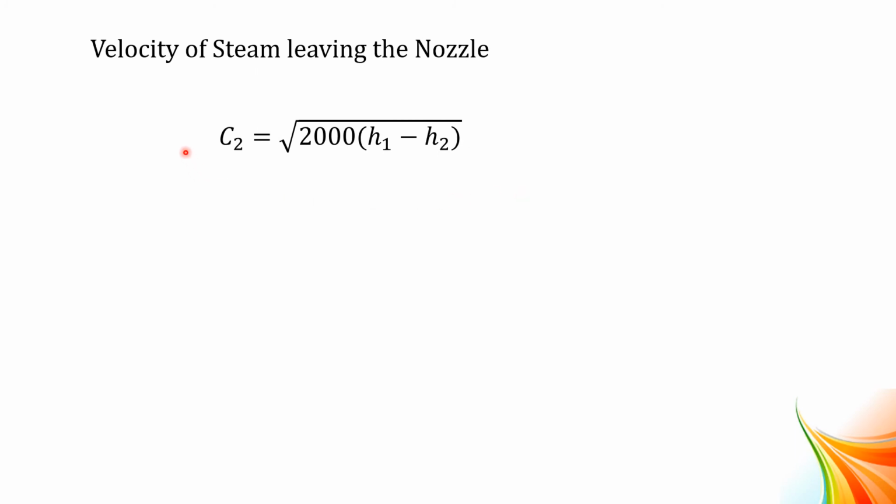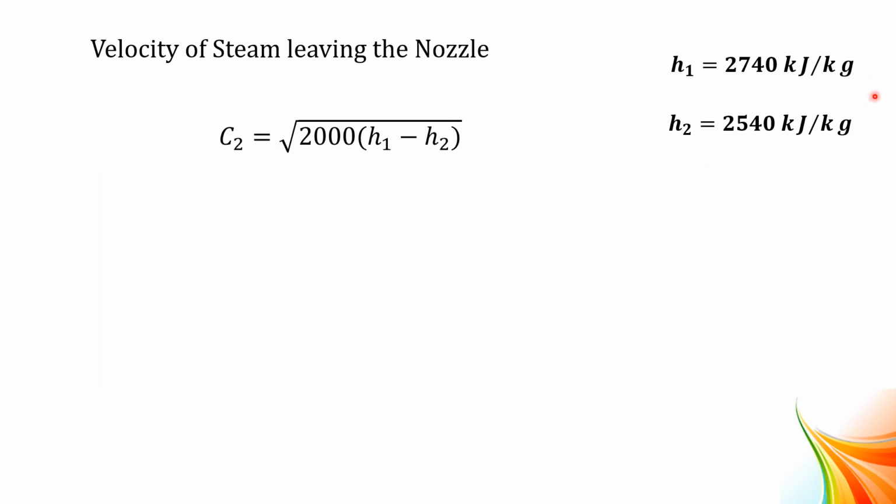We know the velocity of steam leaving the nozzle C2 equal to square root of 2000 into (H1 minus H2). The values of H1 and H2 can be obtained from the Mollier diagram. Those values are H1 equal to 2740 kilojoule per kilogram and H2 equal to 2540 kilojoule per kilogram.